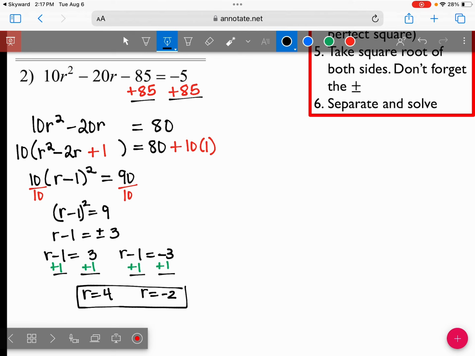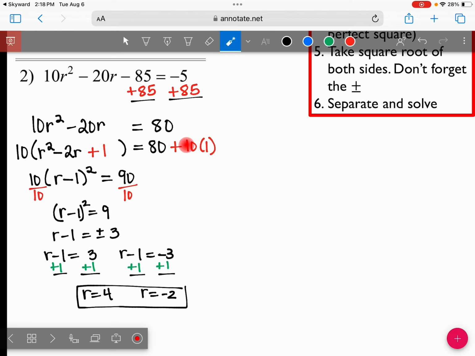The first thing you want to do is divide both of these by 10, only these two by 10. So this 10 comes out. So I have r squared minus 2r equals 80. To figure out this 1, I took half of negative 2 squared, and that's how I got the 1.